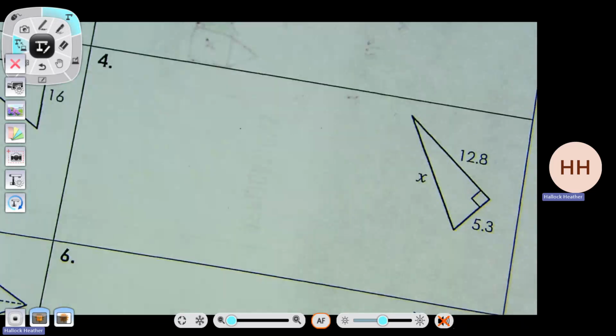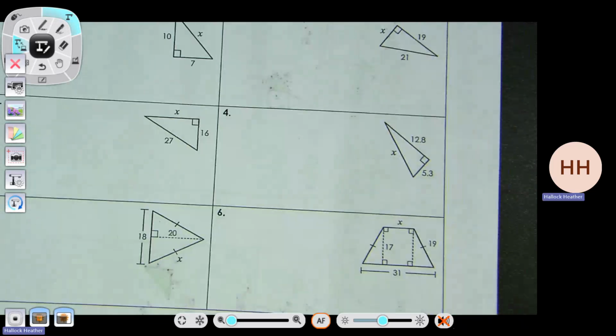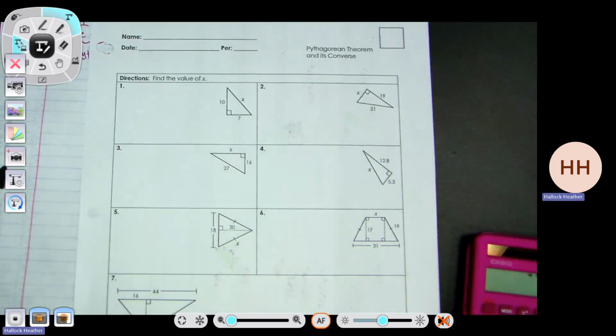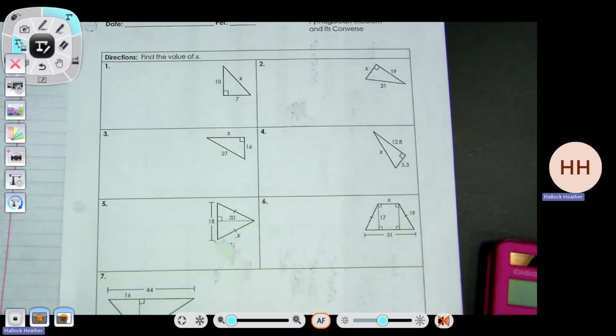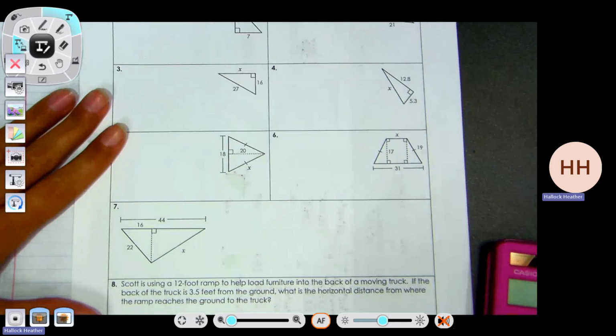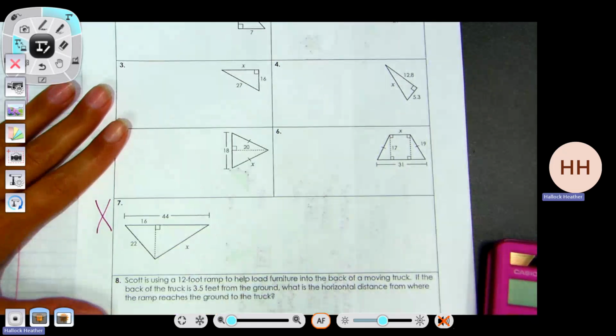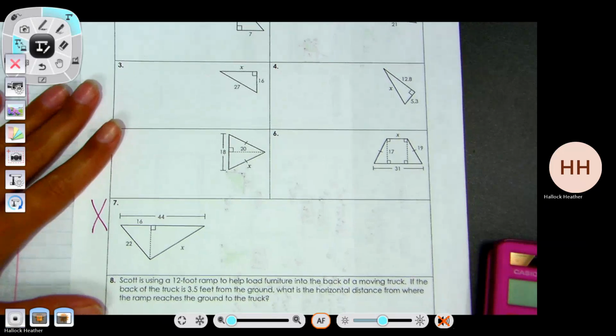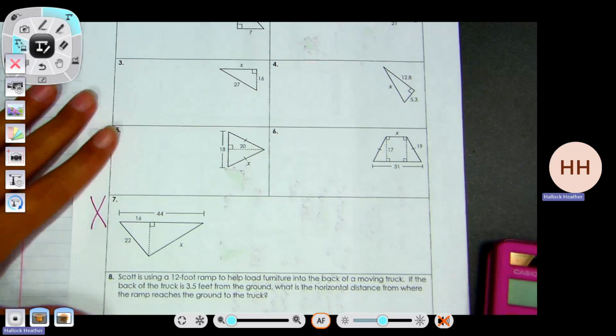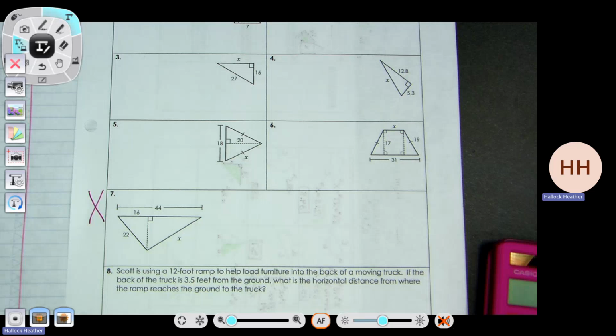On the back is your homework, which you're going to turn in on Canvas because I have to use Canvas this year. You don't have to do number 7, so you can put a little X next to that. You have 10 minutes. You can get through a good portion of these before you leave, if not all of them. I don't give you a separate homework assignment. You can just work on them now.